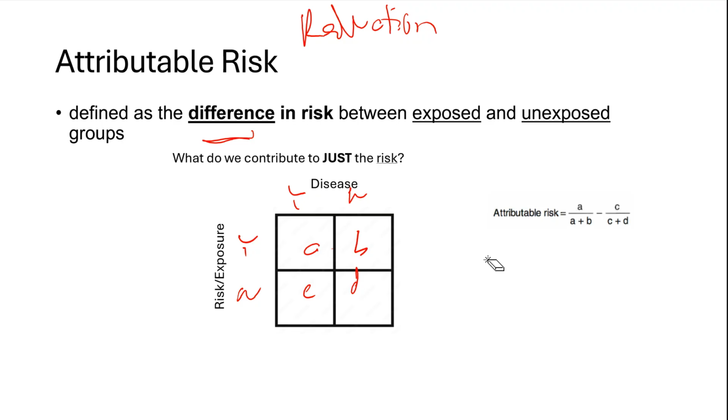That is A over A plus B minus C over C plus D. How much of this is attributable to just the risk by itself? So attributable risk, I like to think of it as exposed minus unexposed.